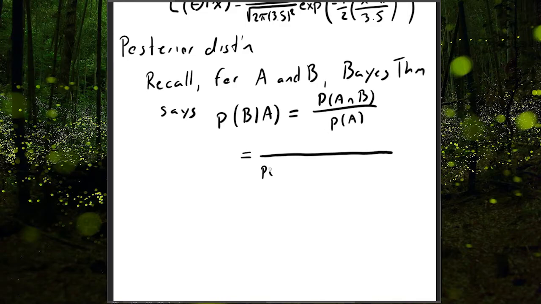So probability of A given B, probability of B plus probability of A given not B, probability of not B. And by the law of total probability, this guy is just the joint probability of A and B. This is just the joint probability of A and not B. If I add those together, either B or not B has to happen. So by the law of total probability, this is going to be the probability of A.